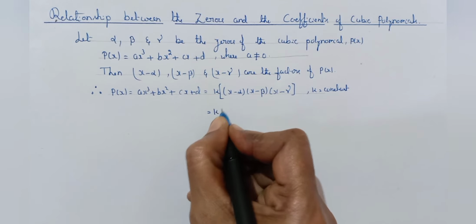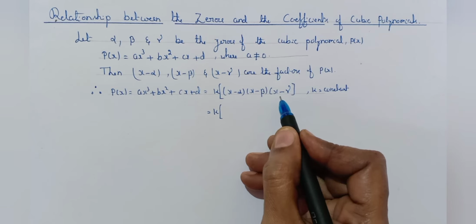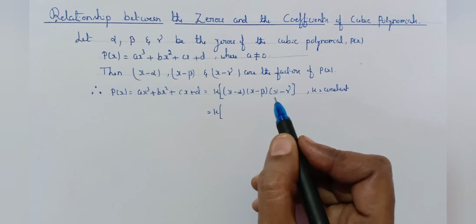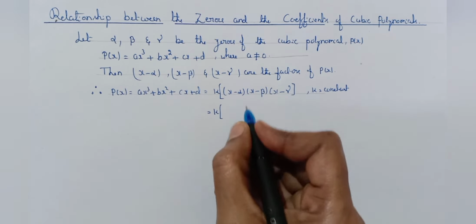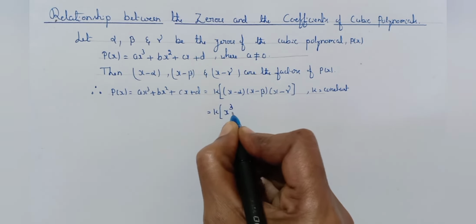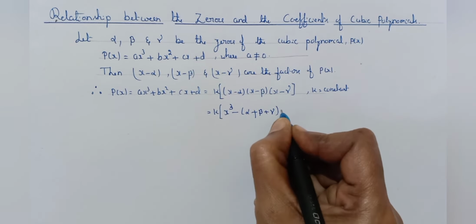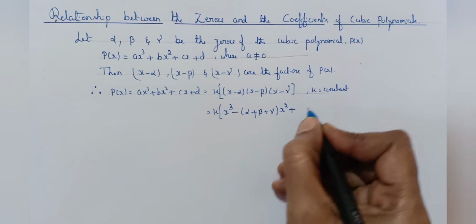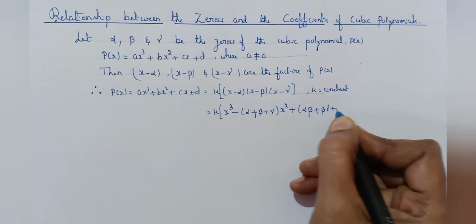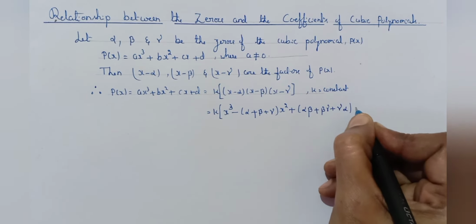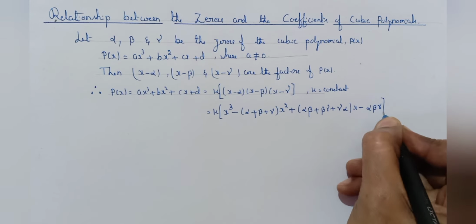Next, multiply x minus alpha, x minus beta and x minus gamma. If you multiply them, you will get x³ minus (alpha plus beta plus gamma)x² plus (alpha beta plus beta gamma plus gamma alpha)x minus alpha beta gamma.